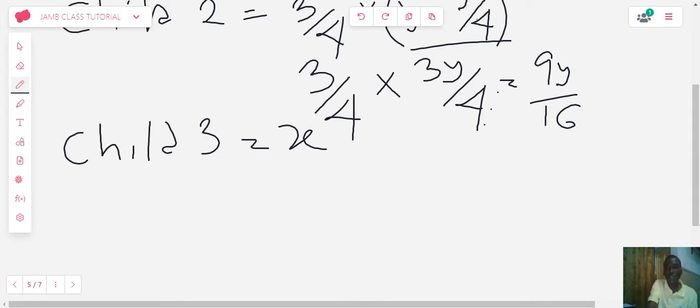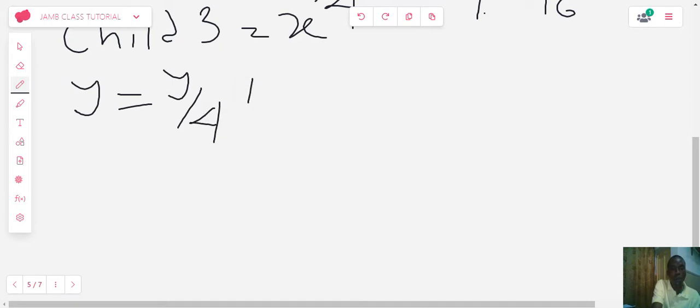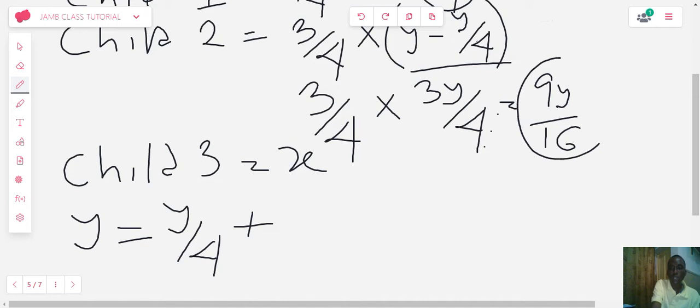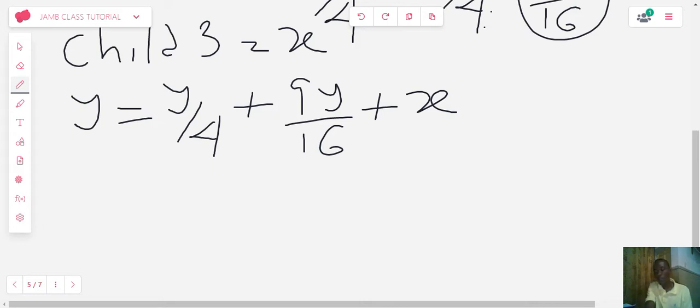That is his own share. So the total mango y is equal to the mango that the first child has, which is y over 4, plus the number of mangoes the second child has, which is 9y over 16, and the third child took x mango, which is the value we are looking for.